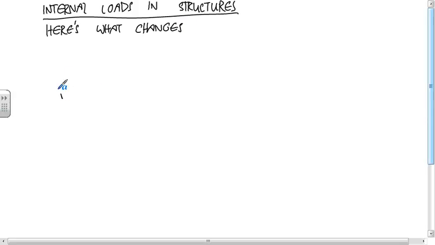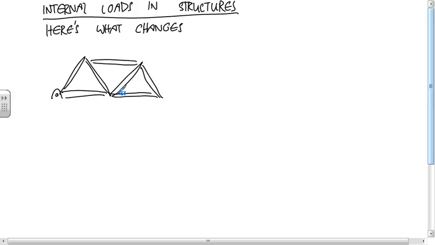Say that you have a structure like this, with some loads acting. And when you calculate the external loads on this, so you solve the structure, and let's say this is member 1.